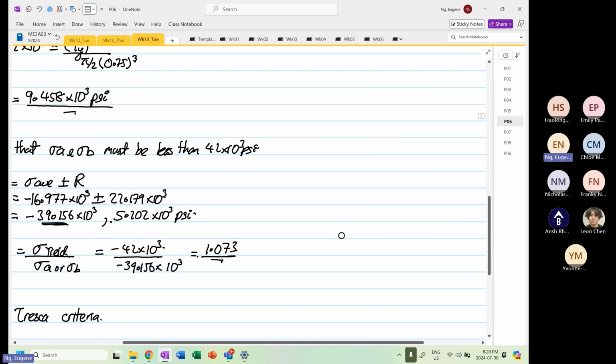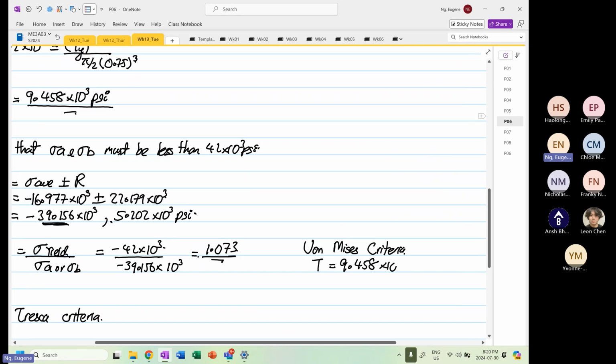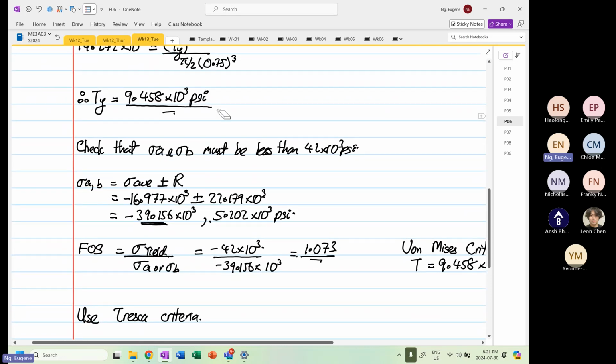I'll write this down first. From the von Mises criteria, the torque is equal to 9.458 times 10 to the power 3 pound inch. I do apologize, this is not psi, this is pound inch.